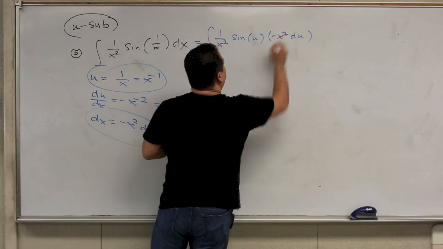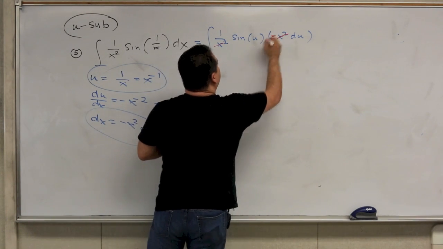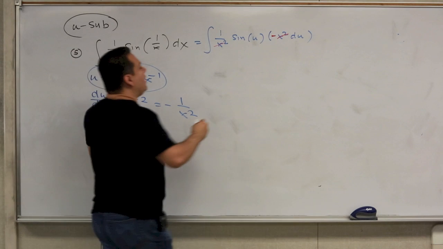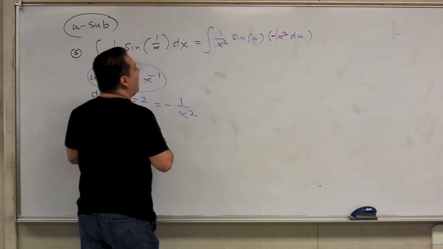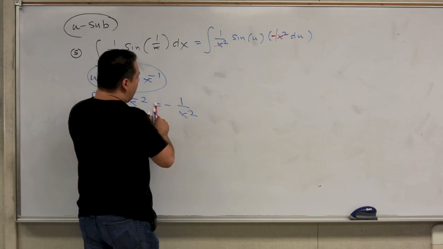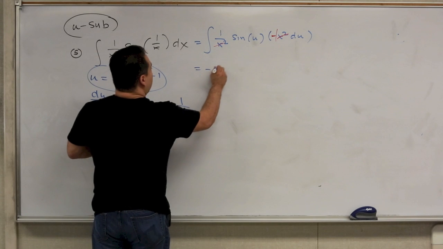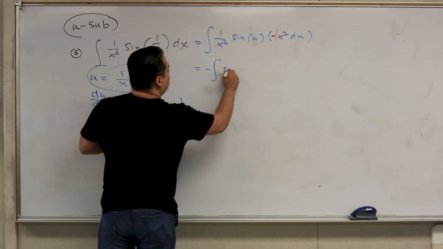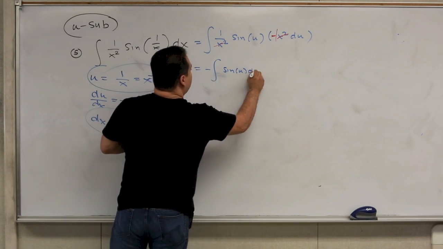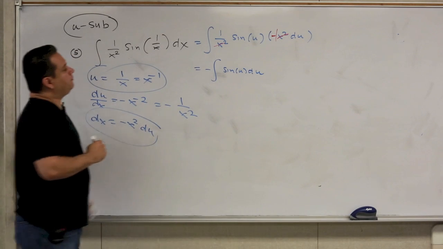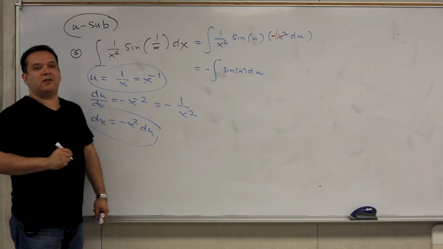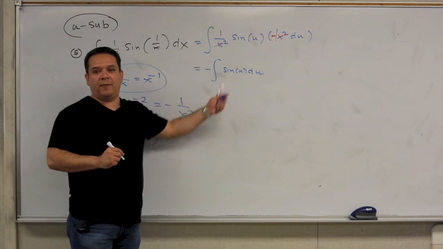Good, your x squareds go away. Now don't forget, that's a negative, which means there's a negative 1 constant here I can pull out. So this gives me actually negative sine u du. So notice again, this is a nice function of u.